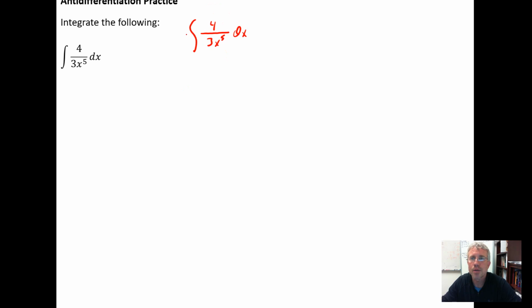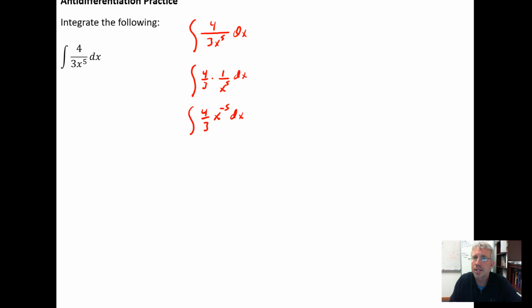We're going to do two examples, a simple example and then a little bit more complicated one. In this case, what we want to recognize is that this can be rewritten as 4/3 times 1 over x to the fifth dx, which is the same as 4/3 x to the negative fifth dx.